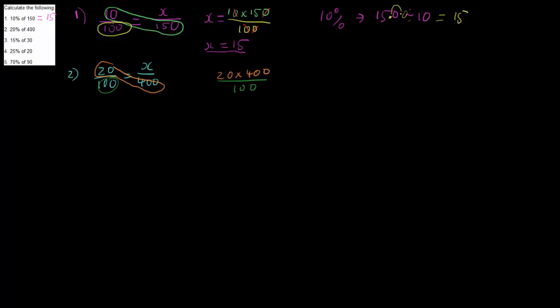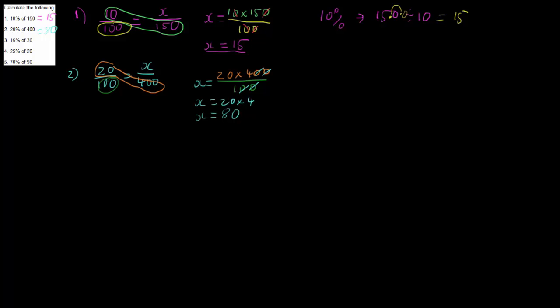And that's going to give me my value for x. This one's really easy to see the simplification, because I just divide 400 by 100, and that's going to leave me with 20 times 4, and 20 times 4 is equal to 80. So 20% of 400 is 80.